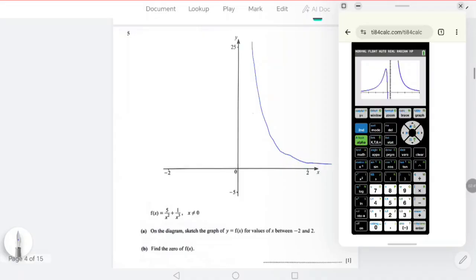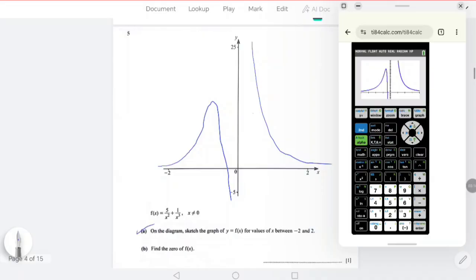Don't touch the x-axis or the y-axis. On the other side, starting from here, again I'm not touching y equals 0 or the x-axis. When you go up there, you have a maximum point, and then you go down like that. Again, you don't touch the y-axis. So this is the first thing about sketching the graph.